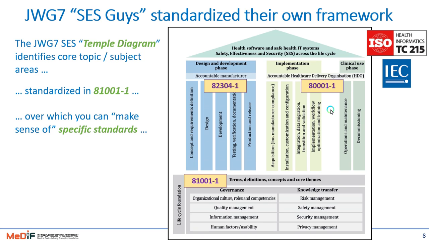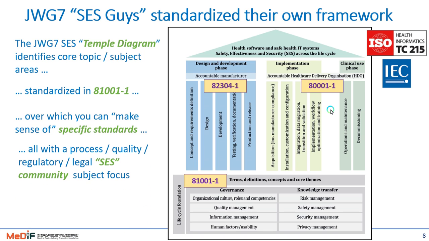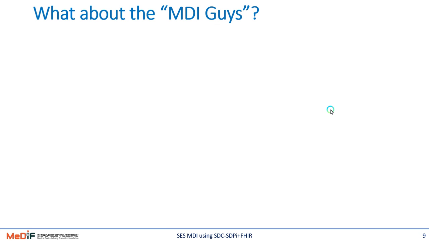With this framework, we can see where those plug in and fit. And with a process, quality, regulatory, legal, SES community subject focus, these all kind of have that focus. This framework is fantastic, and it helps us standards guys kind of keep track of where things fit and how they relate to each other.